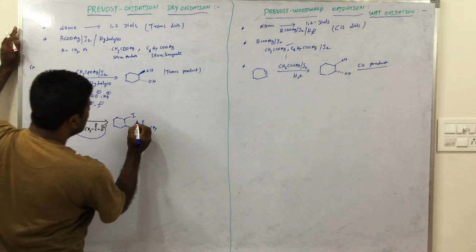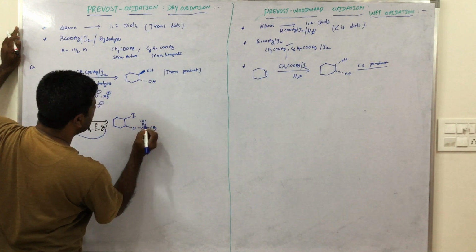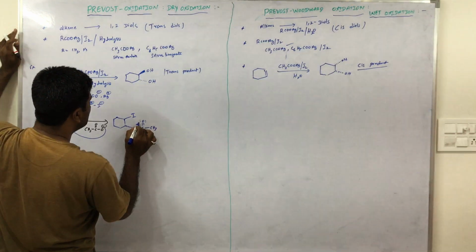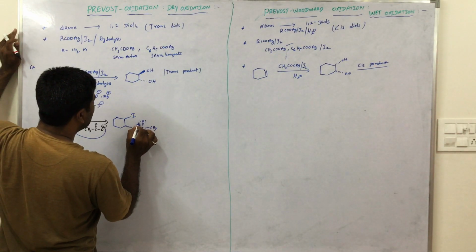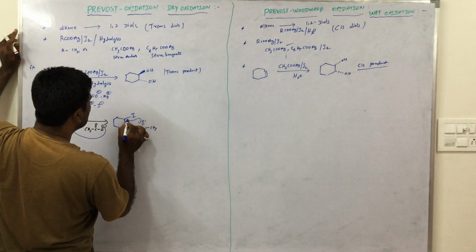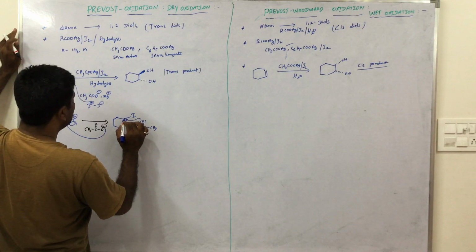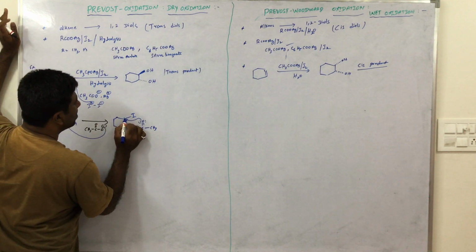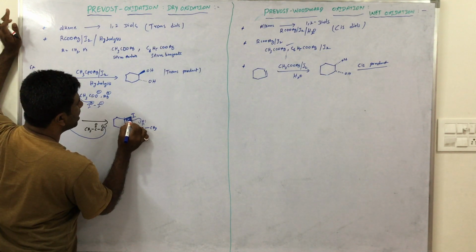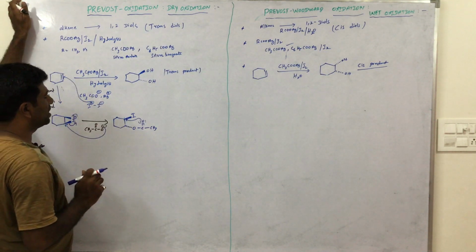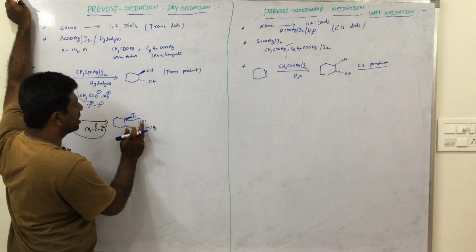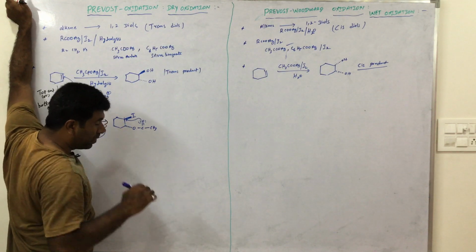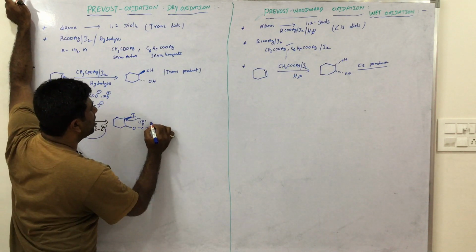Now what happened? This oxygen has a lone pair of electrons, and this lone pair attacks this carbon, which is at the top end, above the plane on the side of the iodine. Observe carefully. Since iodine is already present above the plane, this oxygen lone pair attacks this carbon from below the plane. Okay, what happened?